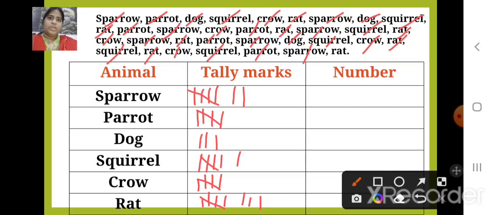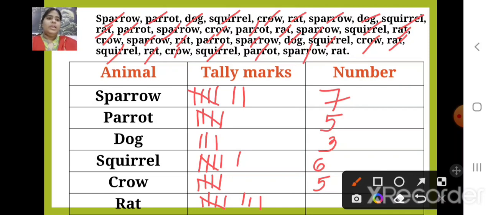Now let us count how many tally marks we have put. For sparrow you can see there are 5 plus 2, 5, 6, 7. So here we will write 7. For parrot we have 5. Then for dog there are 3. Squirrel 5 plus 1, 6. Crow 5.